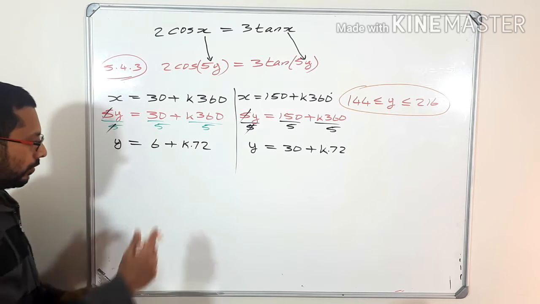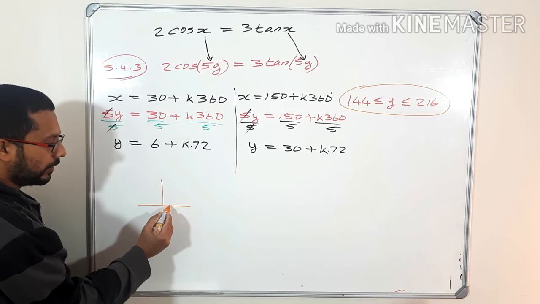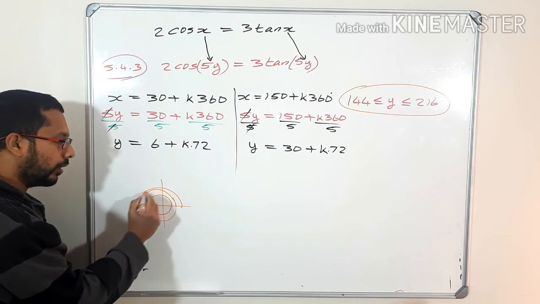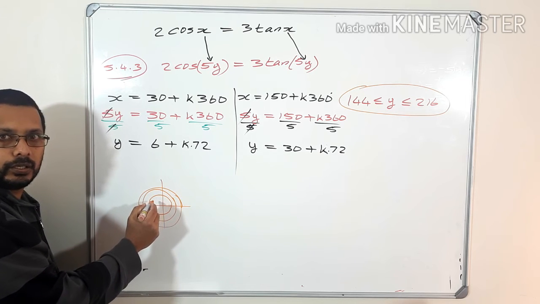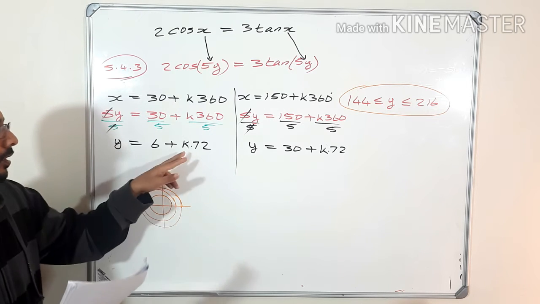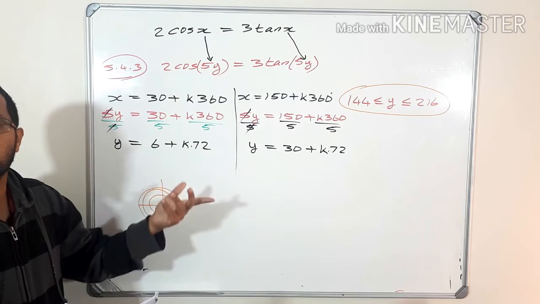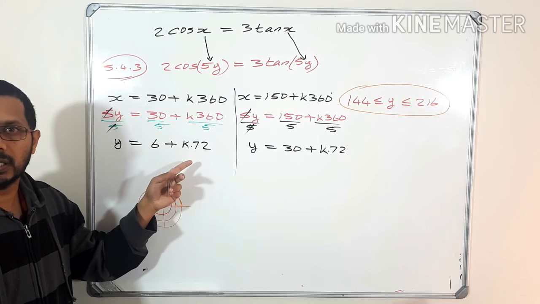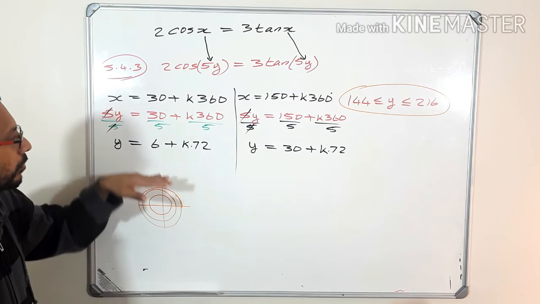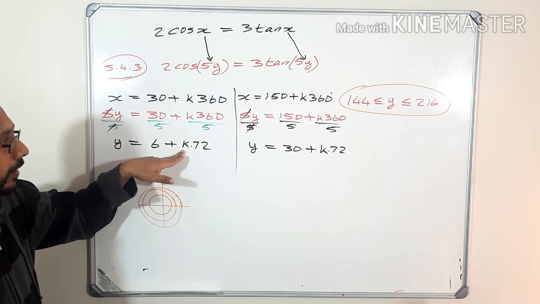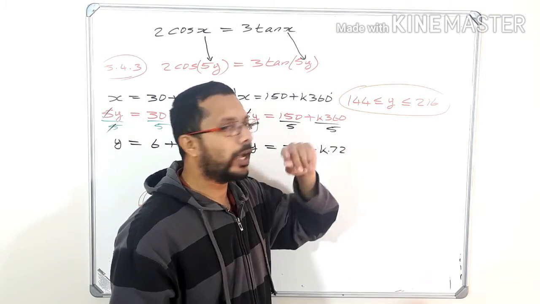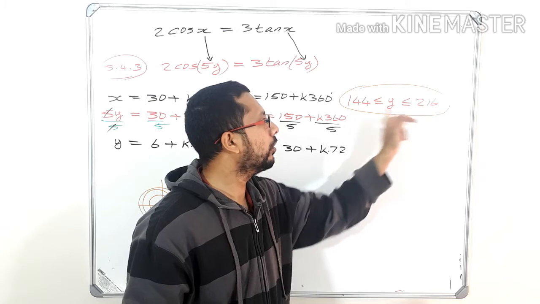If it is k equals 1, then the second one k equals 2, then the third one k equals 3. You can substitute 1, 2, 3, or if it is clockwise, minus 1, minus 2, minus 3, like that. I am trying to substitute different values of k, because my aim is to find the value of y between these two intervals.